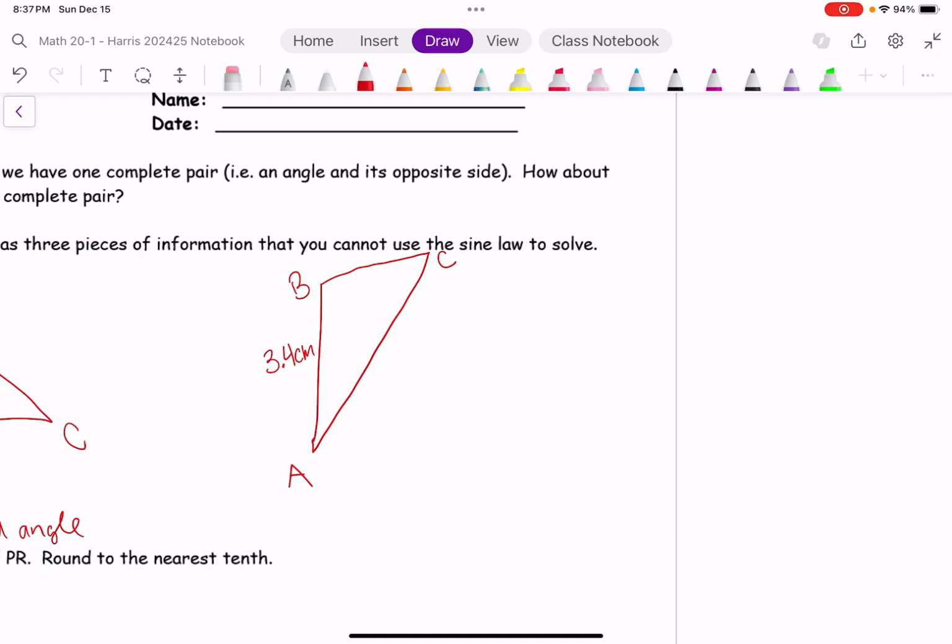I'm going to do A to C, and I'm going to say this one is 4.1 centimeters. And what if I had another side length? What if this one was 2.8 centimeters? That's three pieces of information. I wouldn't be able to solve this with sine law because I have no angles there. So this type would be three sides, no angles.